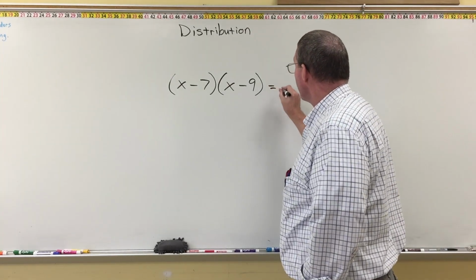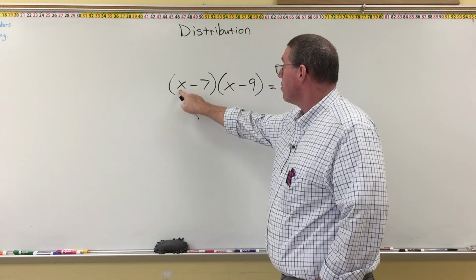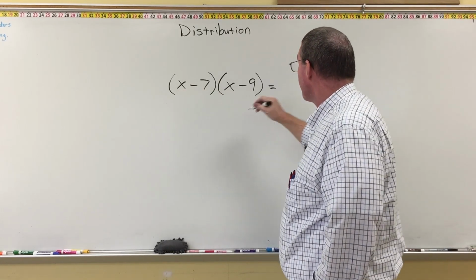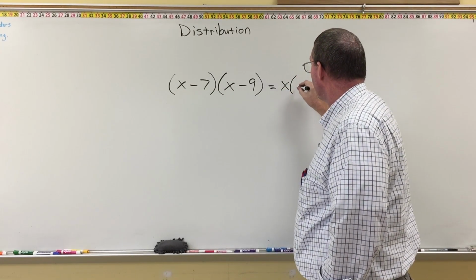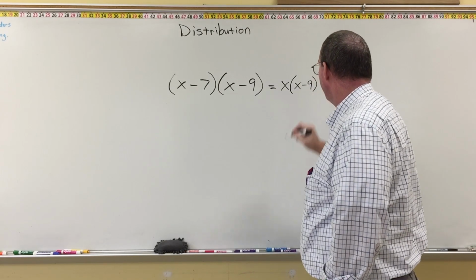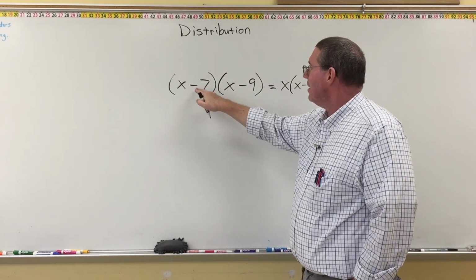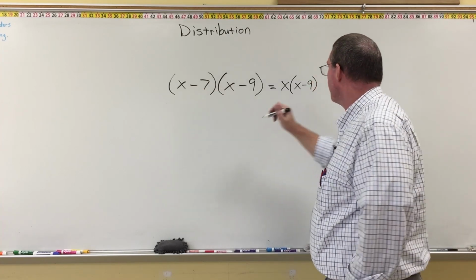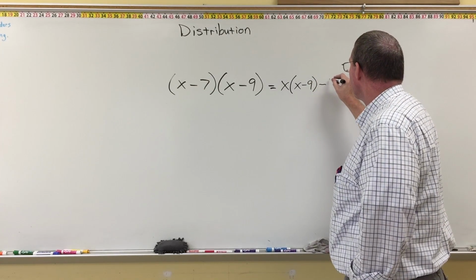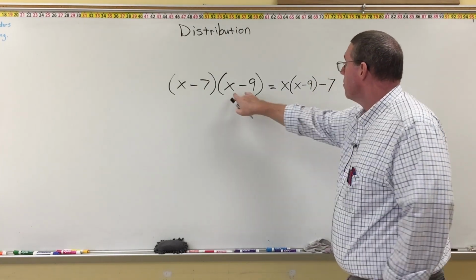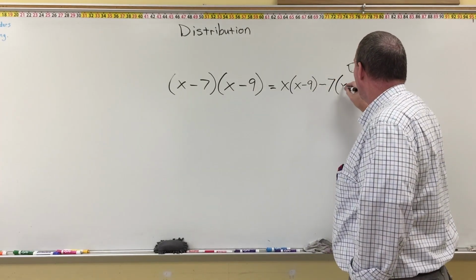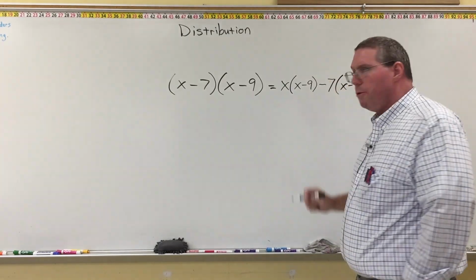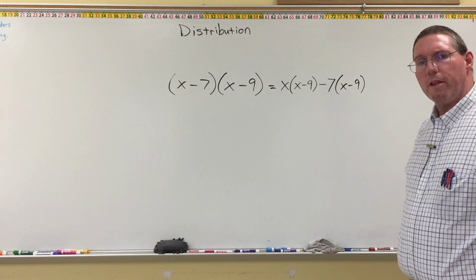One way we could do this is we could multiply the x times the x minus 9. So that's x times x minus 9. Then we have negative 7 or minus 7. So over here I can write minus 7 times the x minus 9. I'll go ahead and do this one first, and then we'll do it the other way.